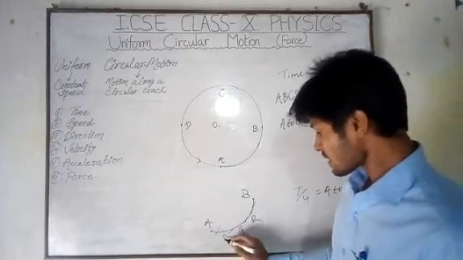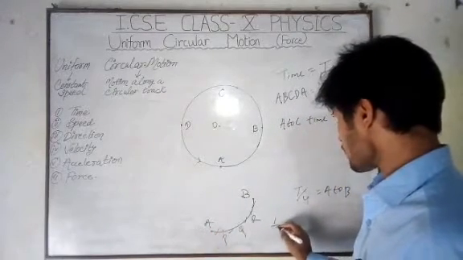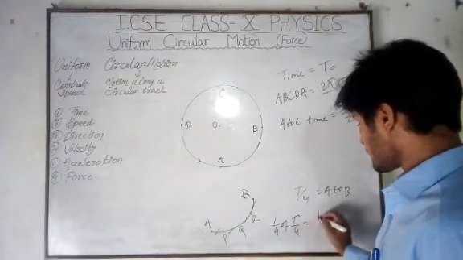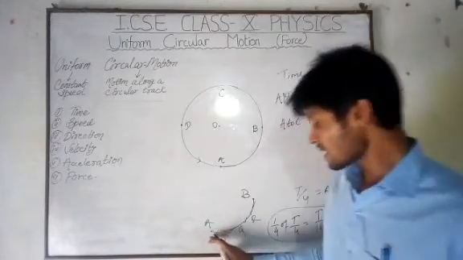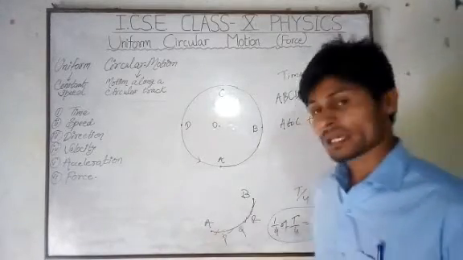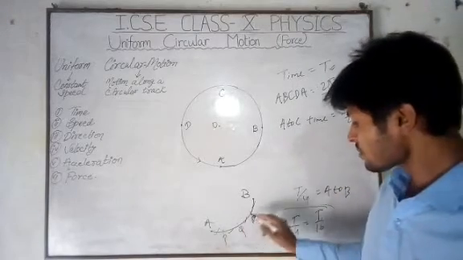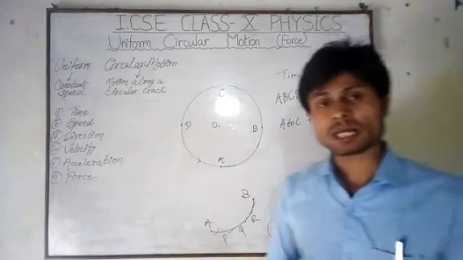If the particle moves from A to P, it takes 1 by 4 of t by 4, that means t by 16. From P to Q it takes the same time, t by 16. From Q to R it takes t by 16, and from R to B it also takes t by 16.